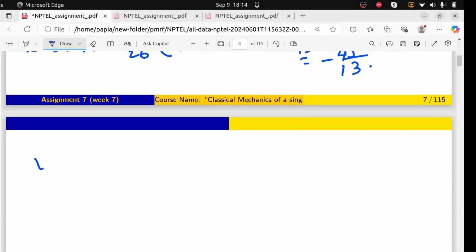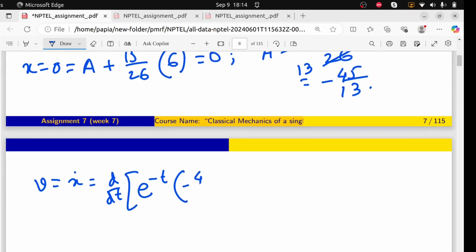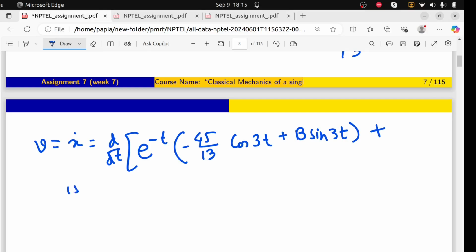Now let me calculate v. v will be x dot, which is the derivative of e to the power minus t times a cos 3t plus b sin 3t, plus 15 by 26, 6 cos 2t plus 4 sin 2t.